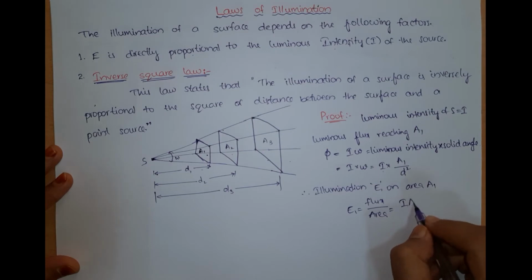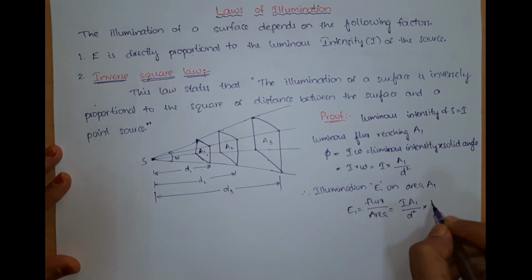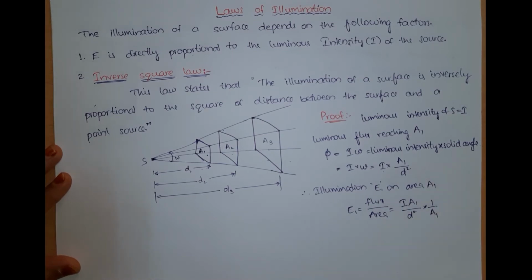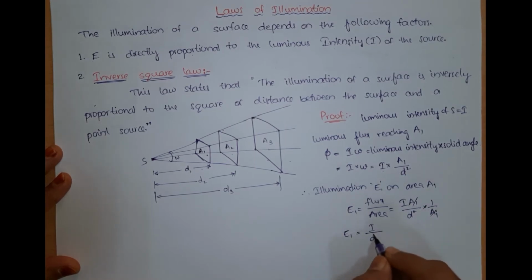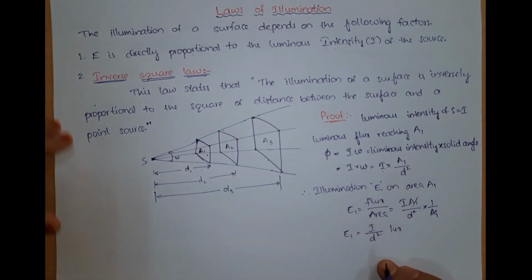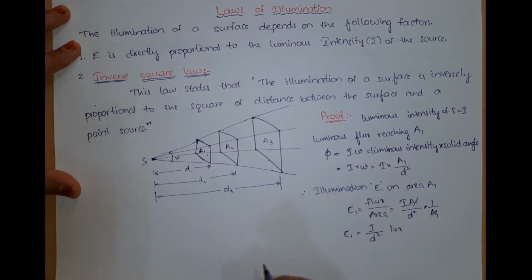So I A1 by D square into 1 by area A1, right? So E1 will be what? I by D square, A1 is cancelled. I by D square is the lux. I by D square is the illumination on the surface A1.